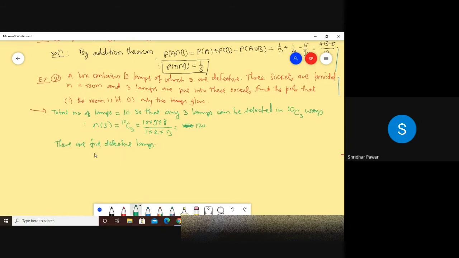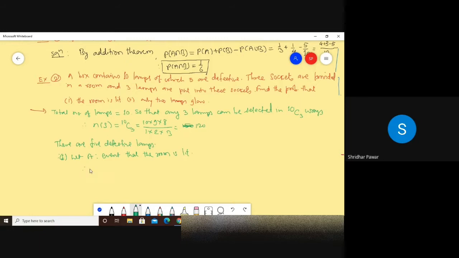Okay, so number 1, let A be the event that the room is lit. Okay, so means out of these 3 sockets, one of the bulbs should be from non-defective.